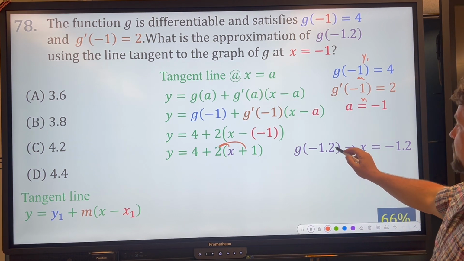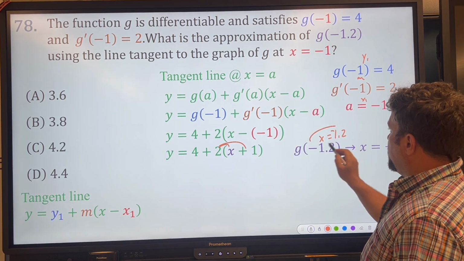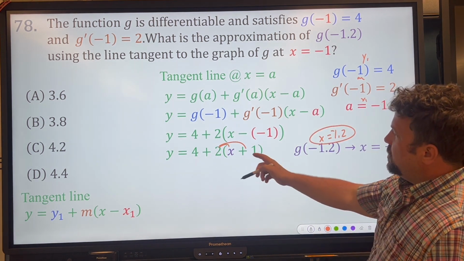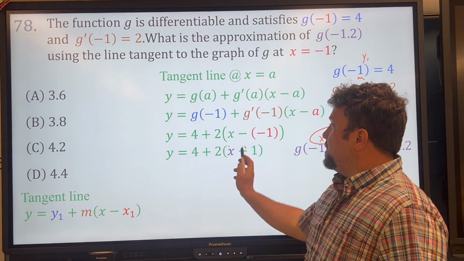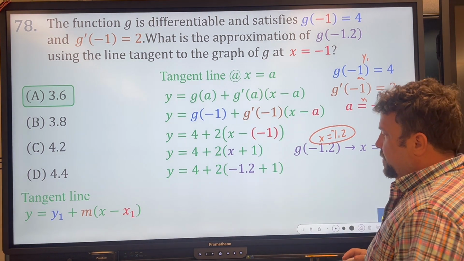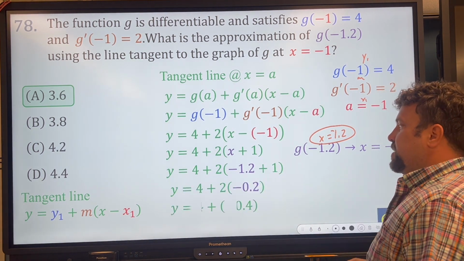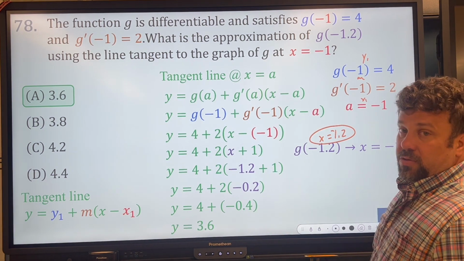This means, what is g when x equals -1.2? So we could type it in now, or you could distribute. I guess I did not distribute. So what's going to happen here is 4 plus 2 times (-1.2 plus 1). That becomes -2/10, which becomes -4/10. 4 minus 4/10 is 3.6, or 3 6/10.